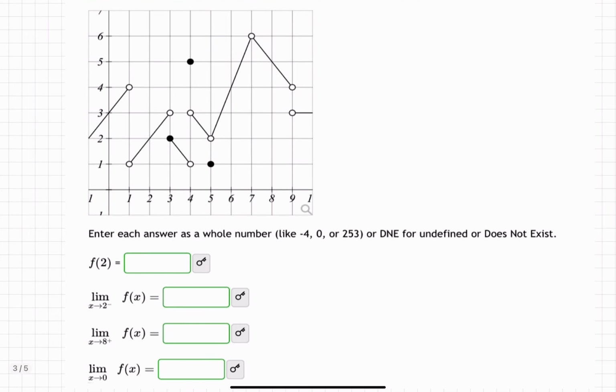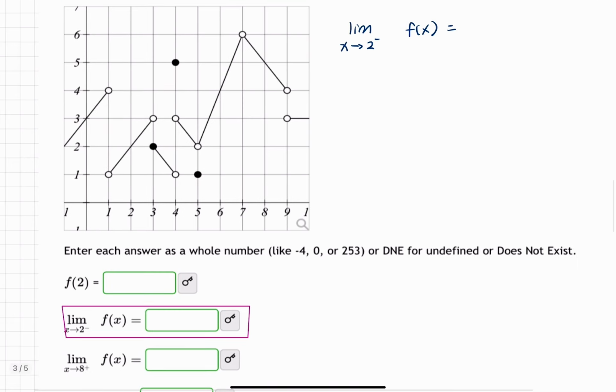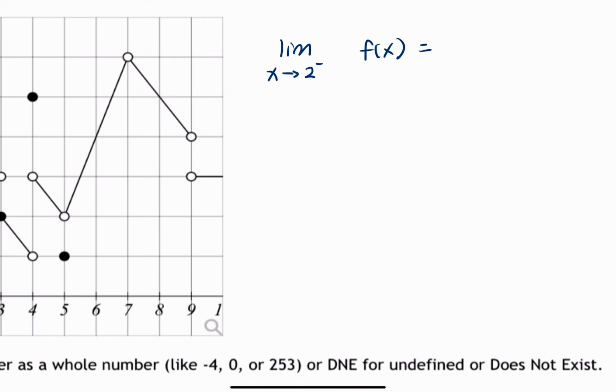Very simple, right? Let's go down to our next question. For the next one, we're looking for a limit value. Let me write it down: the limit as x goes to 2 from the left-hand side. We're still looking for a y value, as f of x is y. Here is a key point: what does the sign mean?